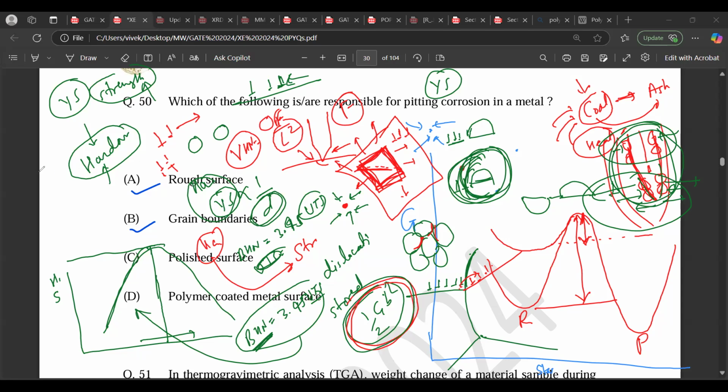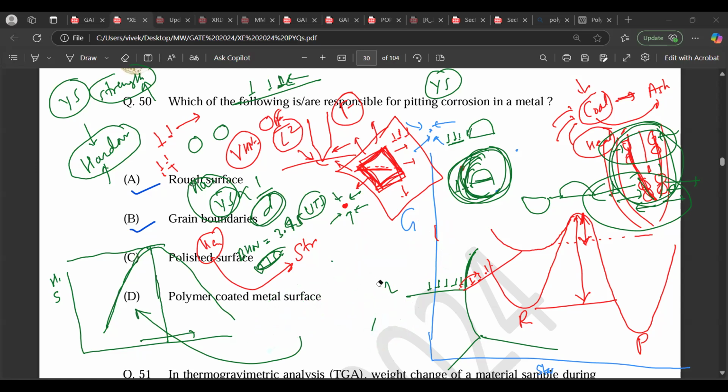So that is where I come here. Why does a rough surface or grain boundary or any indent enhance corrosion? Because to start any corrosion, everybody wants to minimize their energy. So this steel wants to minimize its energy, but to go there it has to overcome a barrier, and this barrier is given by the indent that you created.